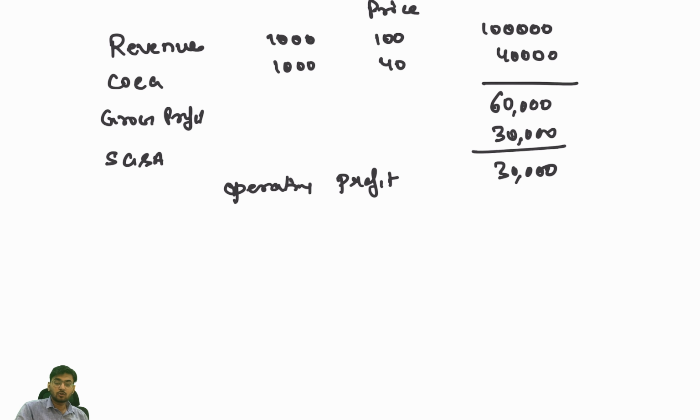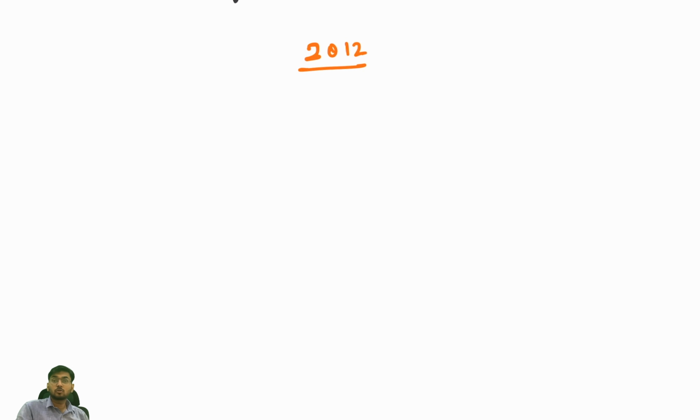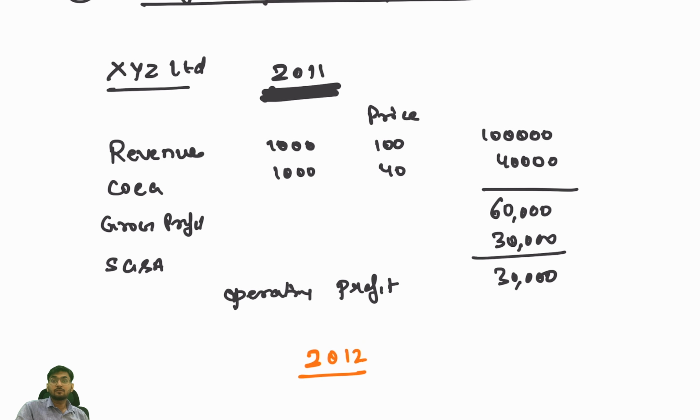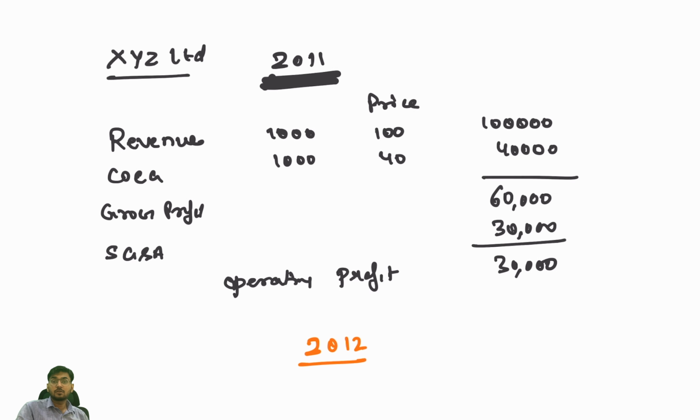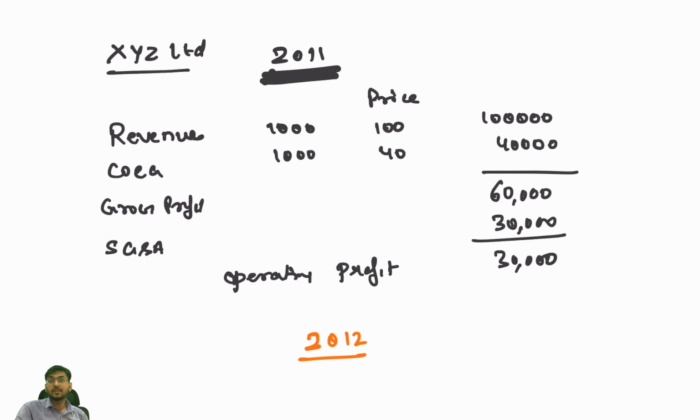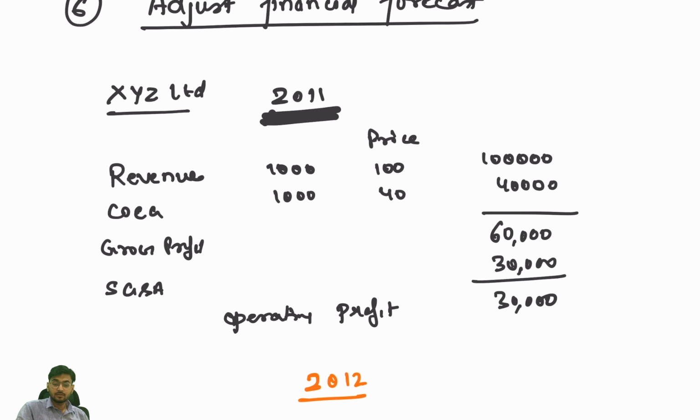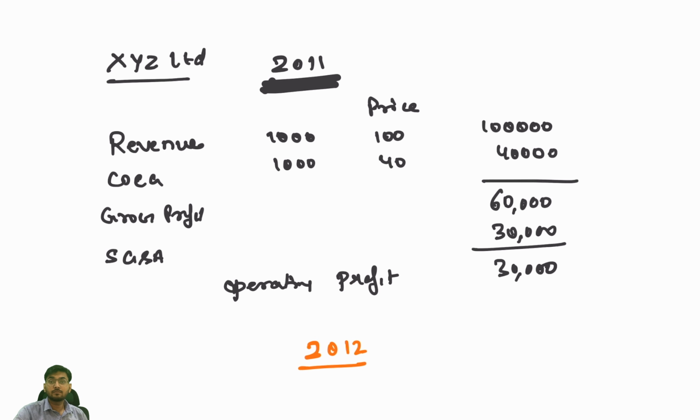Now you need to do the forecasting for 2012. Clear? Now your input cost will increase by 5 per unit. So this 40 will become 45, this 40 will become 45, and this will become 45,000.